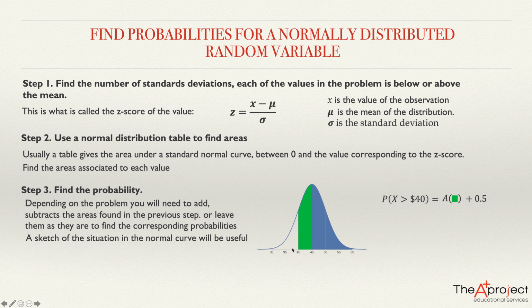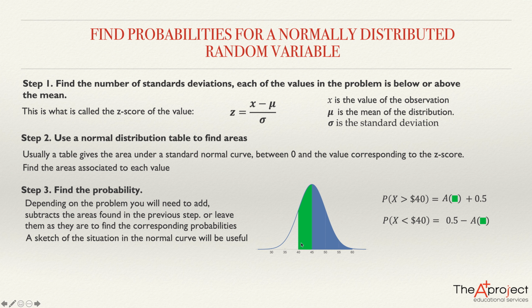But what happens if I ask you the probability of x lower than 40? Lower than 40 is all the area at the left of 40. If I want to find this area, I go to the table, and the table always gives me the area between the number and the mean.